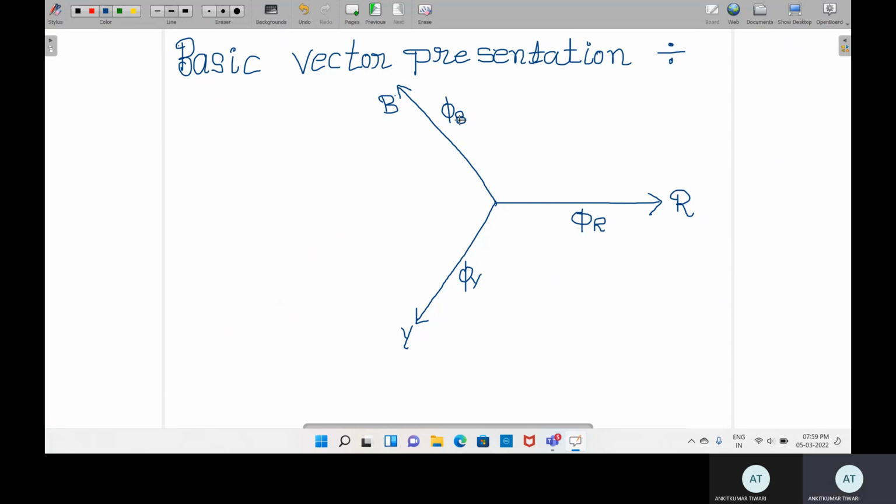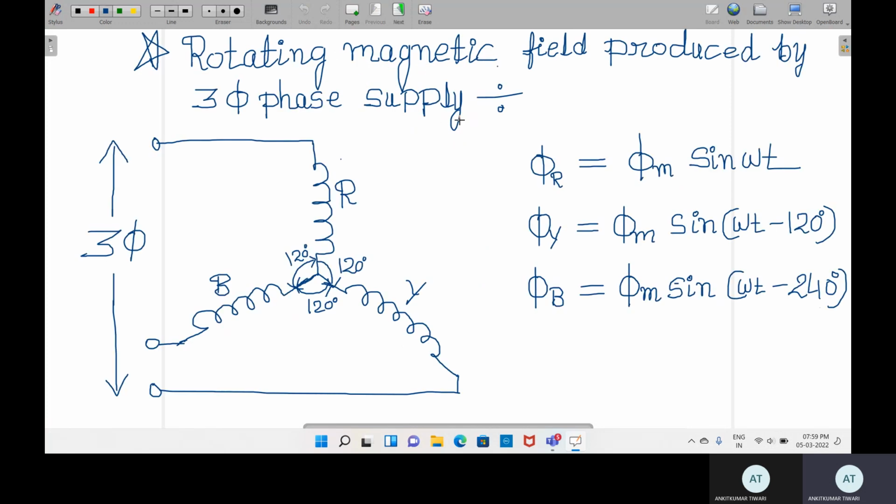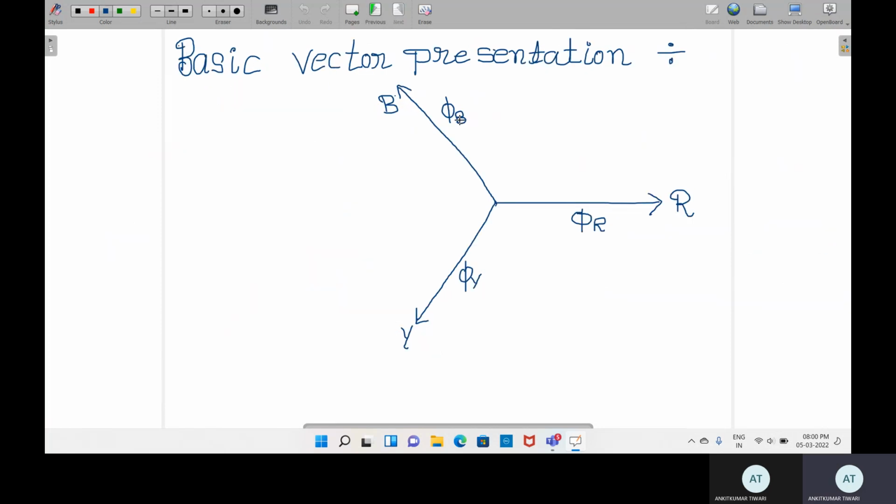So as we see, all the three coils are placed 120 degrees apart, and their fluxes are also 120 degrees apart in mathematical form. So their vectors are also 120 degrees apart from each other. So there is a displacement of 120 degrees.